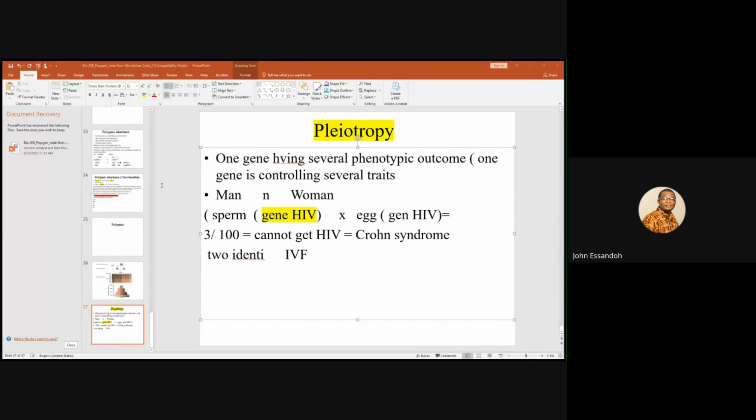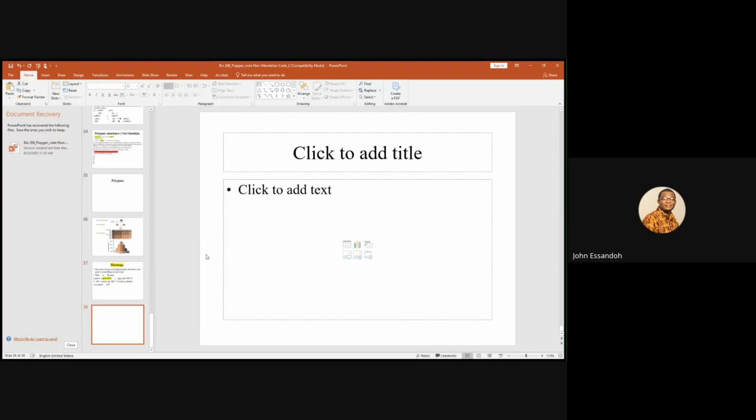Marfan syndrome. Let me show you a picture of Marfan syndrome. Why is it pleiotropic? This one is a genetic disorder. Let me give you an example here.